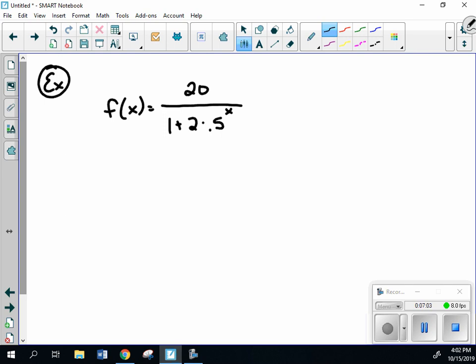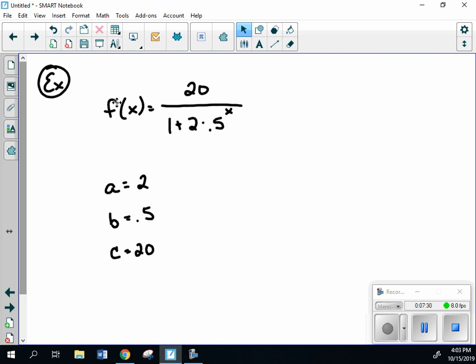Looking at this information, can I determine the initial starting value? Can I determine what my base is? Can I determine what the limit is? The a value here is 2, the b value is 0.5, the c value is 20. Do you know that information? Can you graph this and find your intercepts? Can you find your asymptote lines? Can you do all of that stuff?